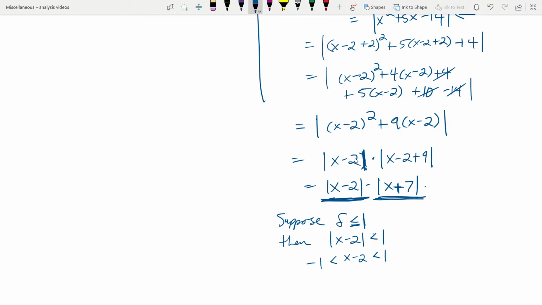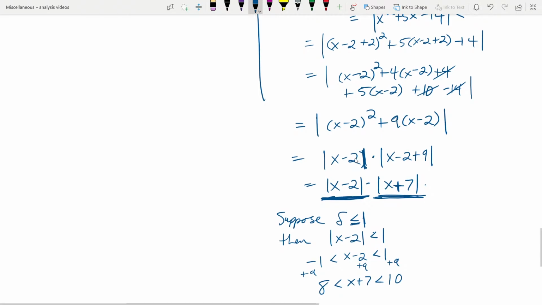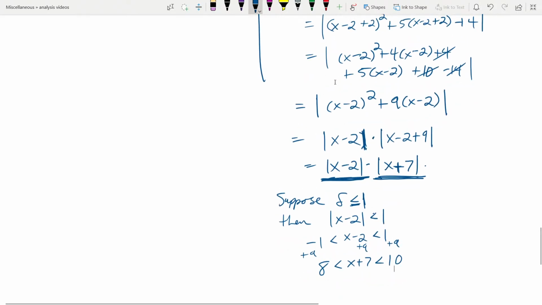To get an x + 7 here, I just add 9 to all three parts. That gives you 8 < x + 7 < 10. So for this constraint on delta, that delta be no greater than 1, we actually have that x + 7 must be strictly positive.